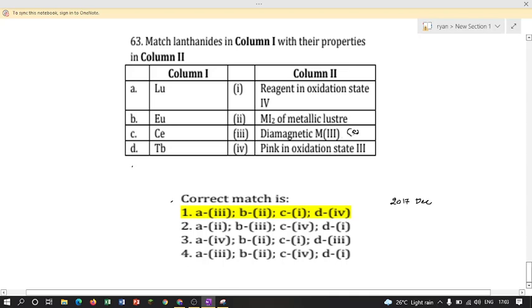Oxidation state, this also you have to notice. Eu, metallic cluster. Then cerium, reagent in oxidation state 4. Then Tb, pink in oxidation state 3. Therefore, option 1 is the correct answer.